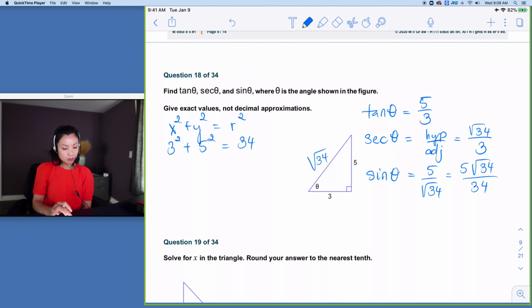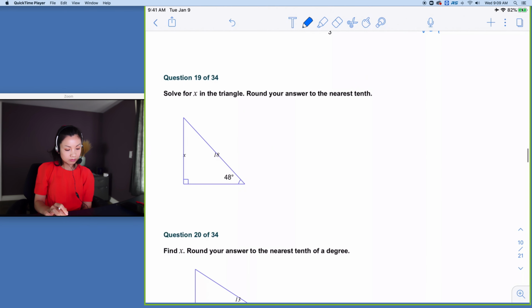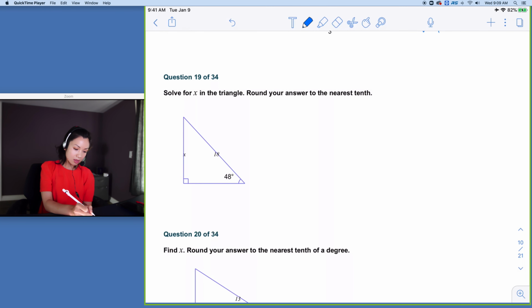Okay, moving on to 19. So we have to solve for x in the triangle, and then round the answer to the nearest tenth. So you see that right here we have x. We have the angle right here, 49. We are given the hypotenuse. We don't have the adjacent. So what can we do with the hypotenuse?